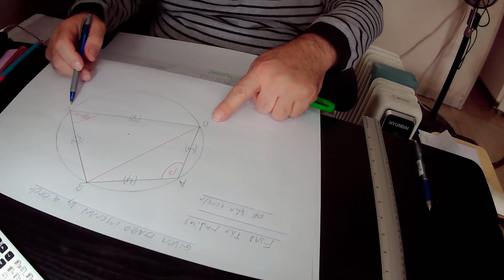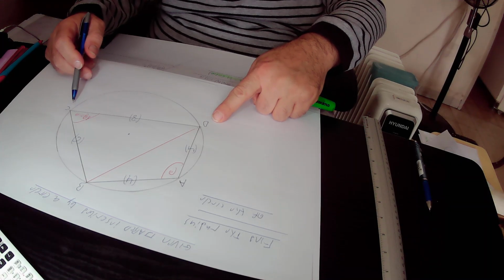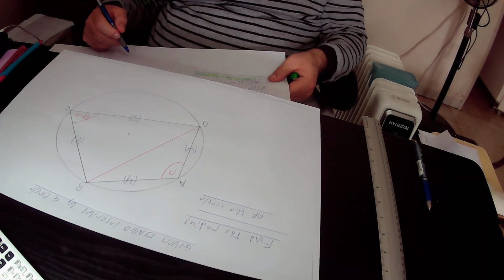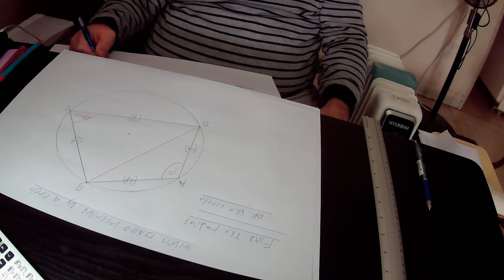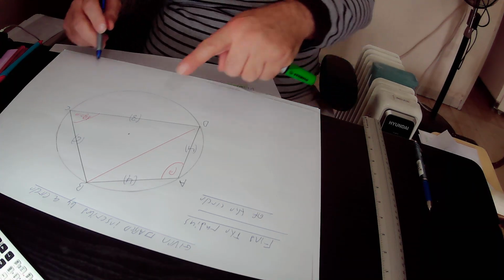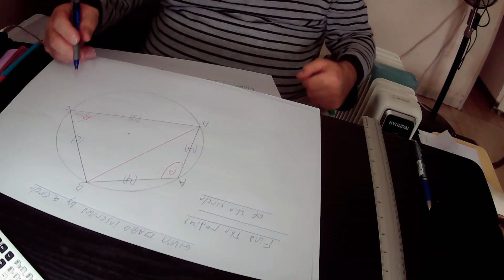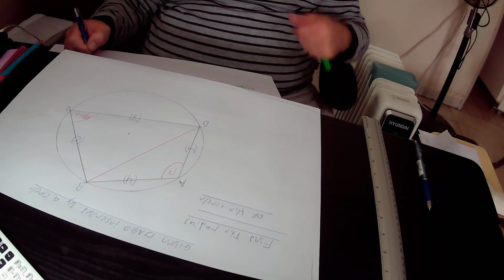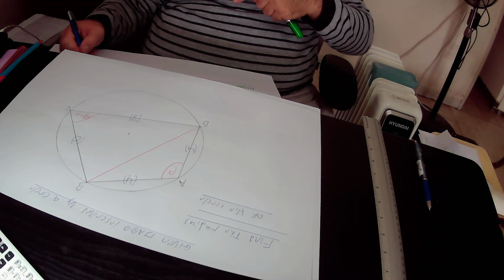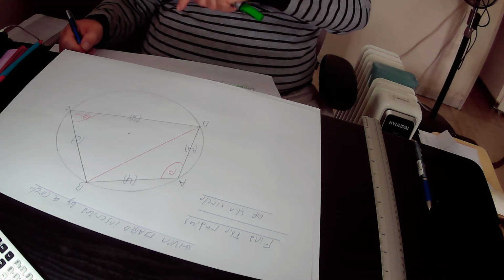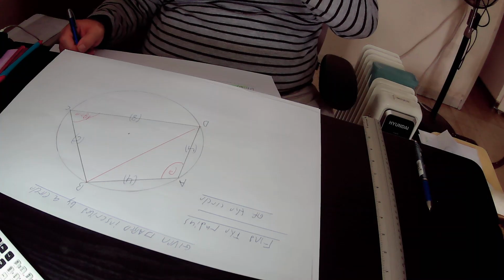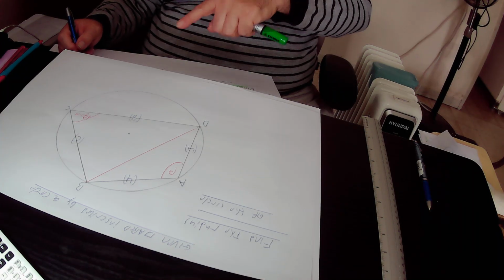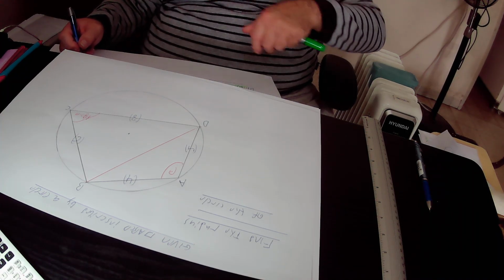DC is 8, therefore DC square is 8 squared, that is 64. Plus BC square. BC is 6, therefore BC square is 6 squared, that is 36. Minus 2 times DC, that is 8, times DB, that is 6, times cosine 180 degrees minus theta.